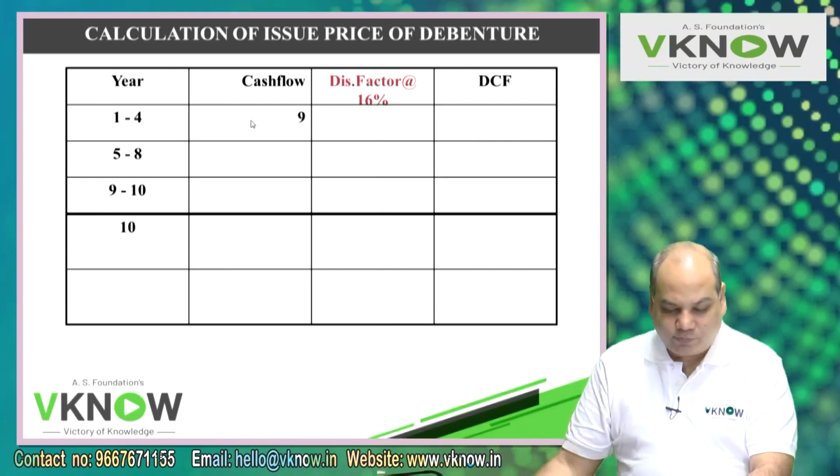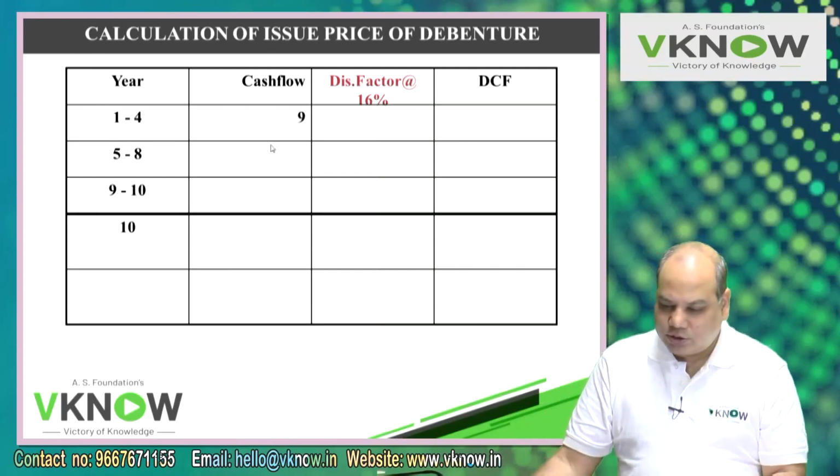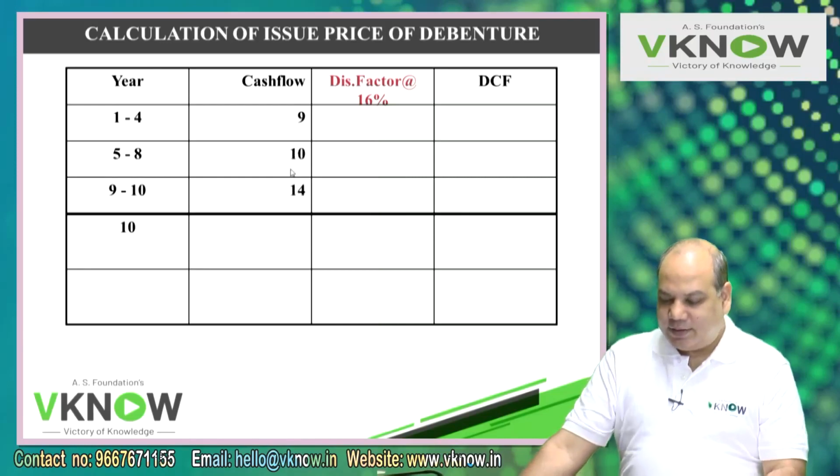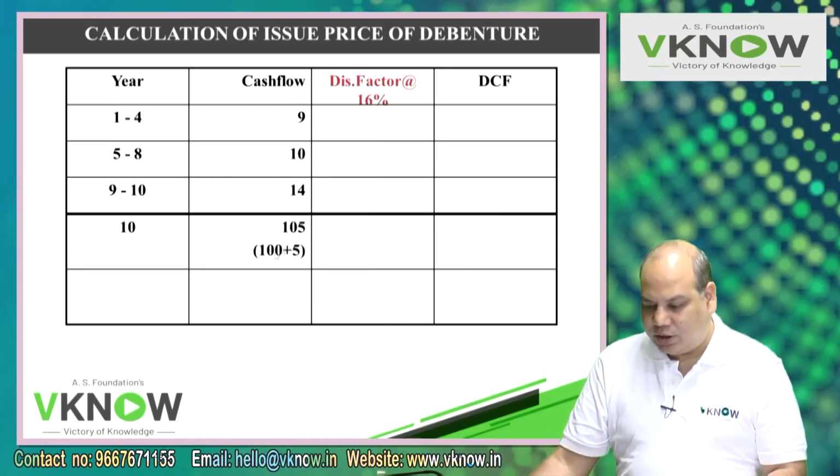Cash flow first 4 years, 1-4: 9 rupees, 5-8: 10 rupees, 9-10: 14 rupees, and last year will be 100 plus 5, 105. Show the calculation also, 100 plus 5.